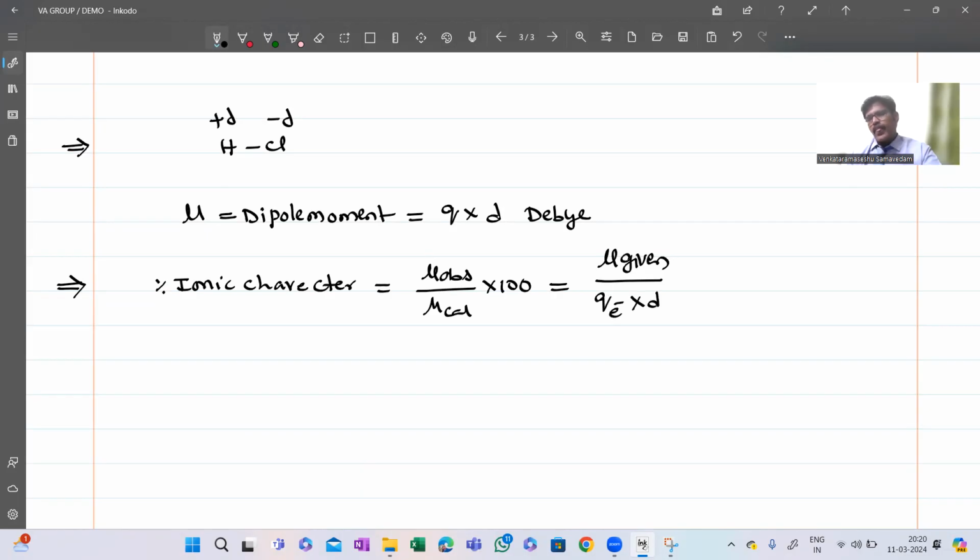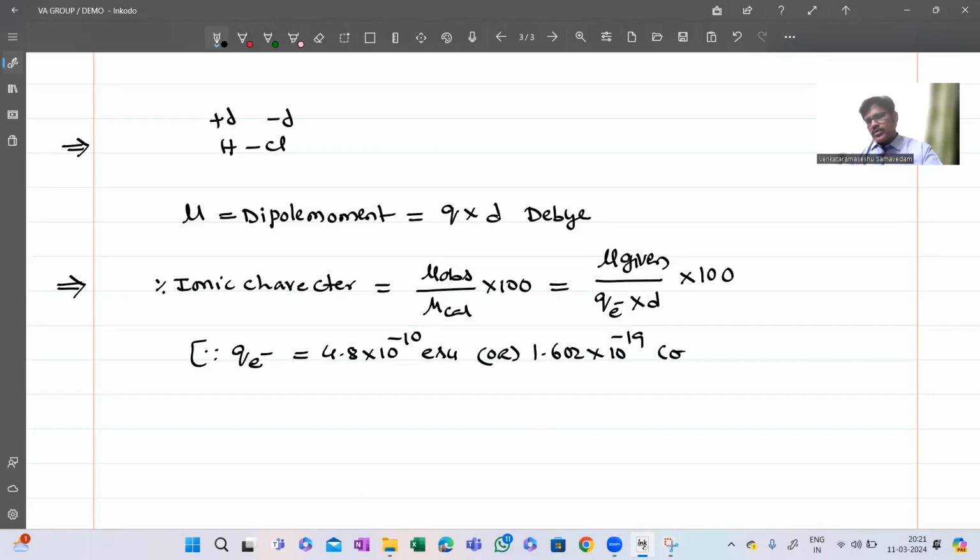Mu calculated is Q into d. So here, how much charge do we have to take? Charge of the electron, that is 4.8 into 10 to the power of minus 10 electrostatic units, or 1.602 into 10 power minus 19 coulombs.